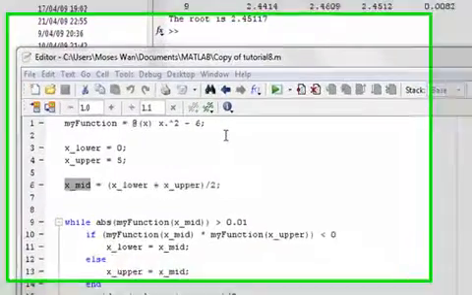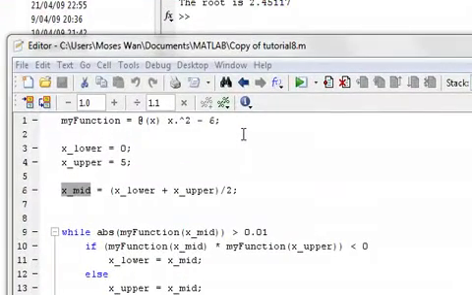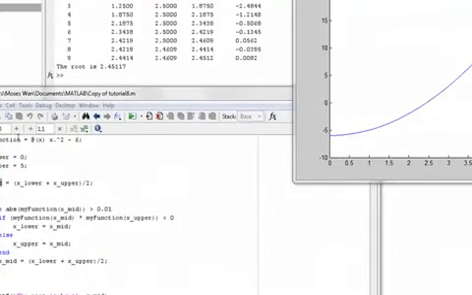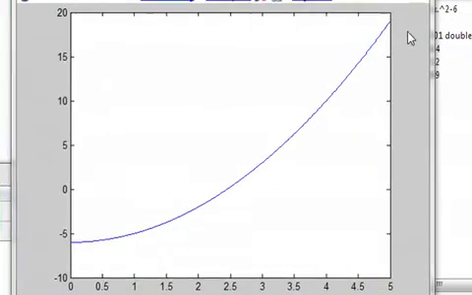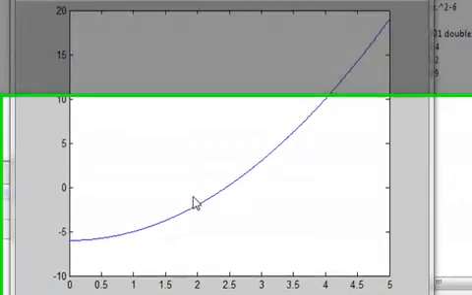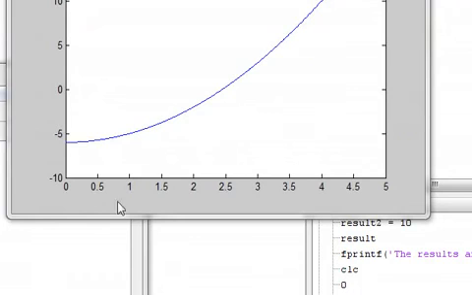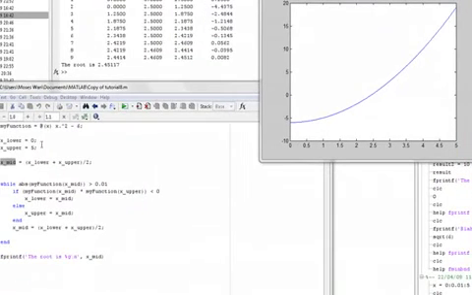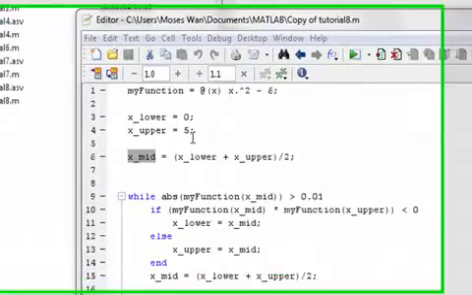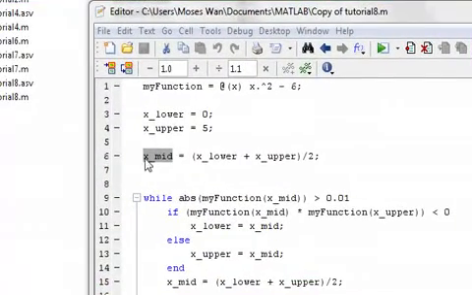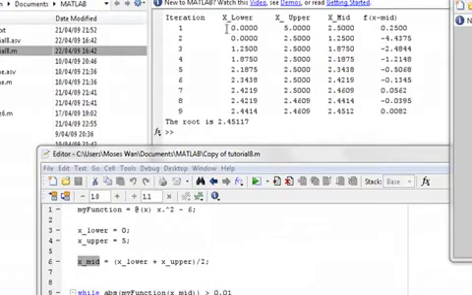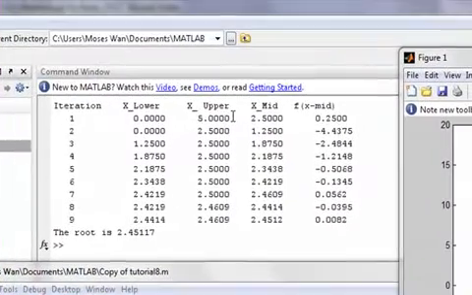Okay, so we've got our program running, and this is just a graph of x squared minus 6 from 0 to 5. We've made our lower limit 0 and our upper limit 5, and we've evaluated the midpoint, which is 2.5.